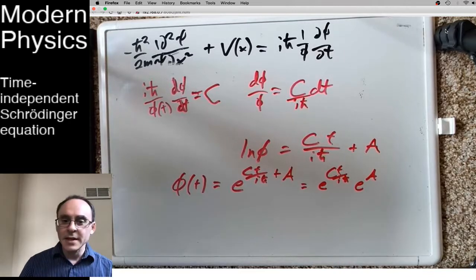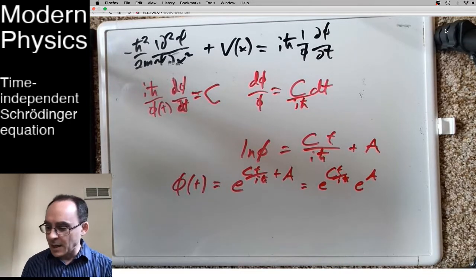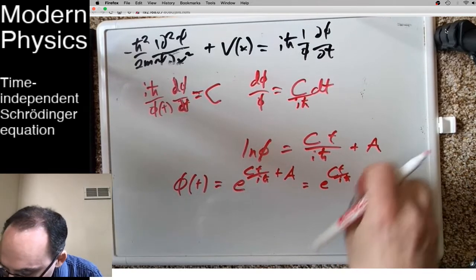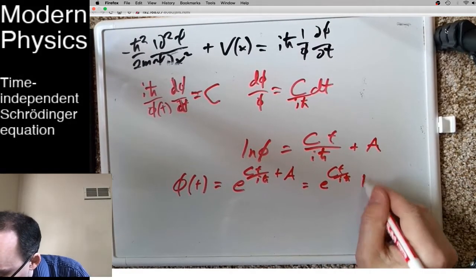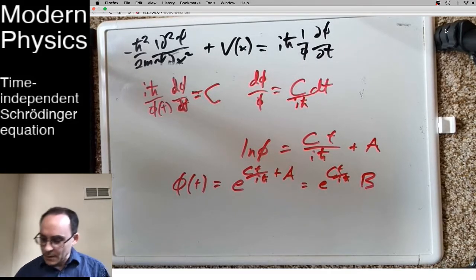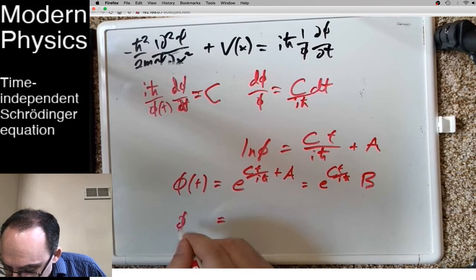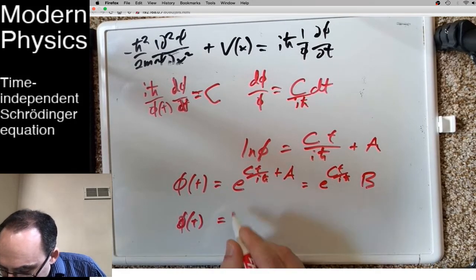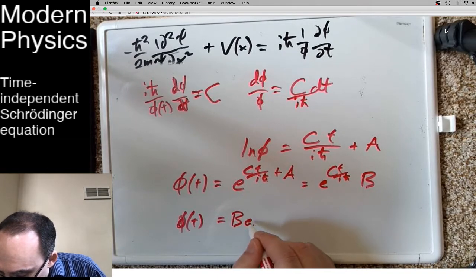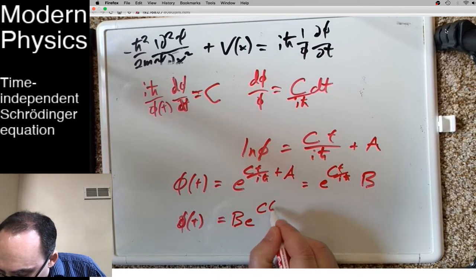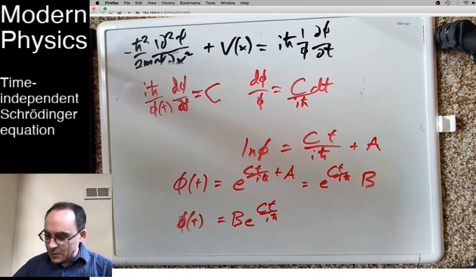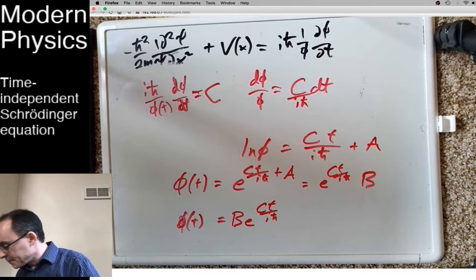Well, e to the power of some constant is itself just a constant, so I'm just going to call that B. And so I have some constant here, e to the ct over IH bar. And then what is this other constant, c? What are these constants?